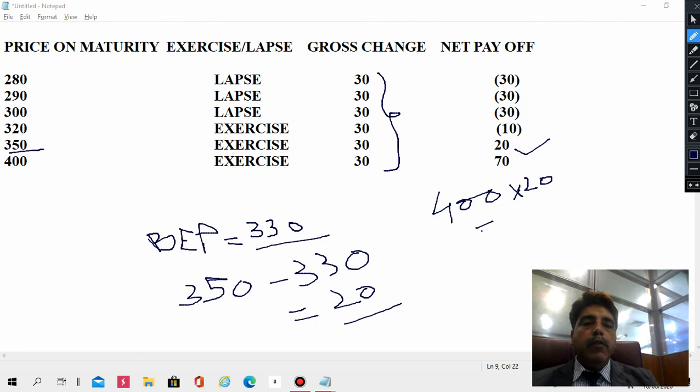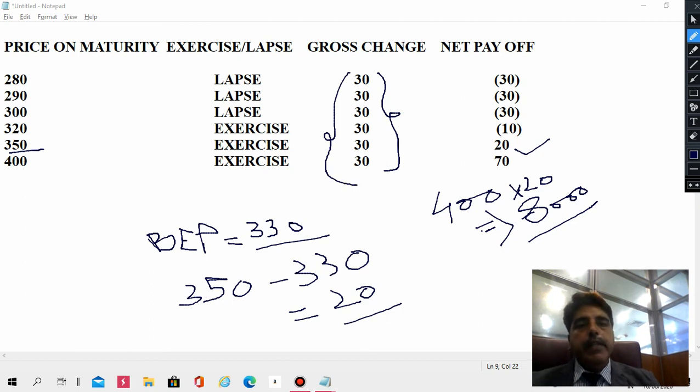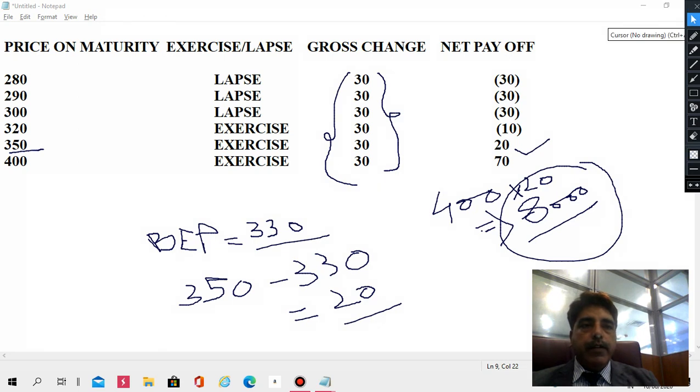So at the end of the contract, they are going to have this much profit, 8,000 profit, and a very small premium. So they have limited their losses and they can earn unlimited profits from these types of contracts, which is known as, as I have mentioned here, the call option contract.